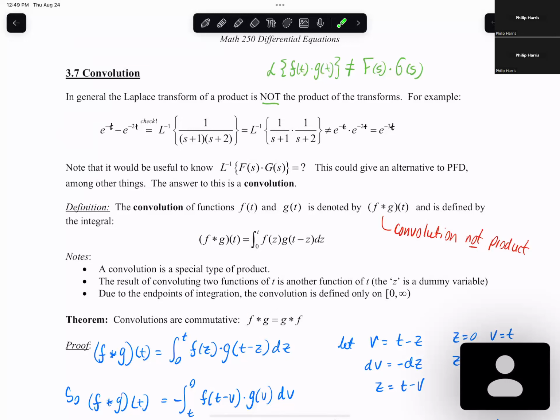It is not just the product. As I wrote over here, and you can check this out, this is what you actually get. So this is not equal to this. So this does not work.